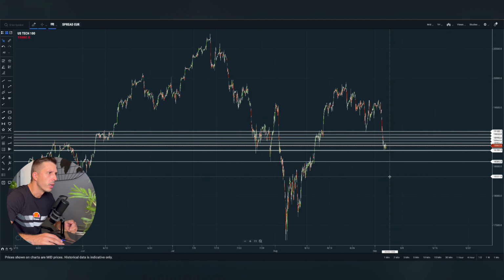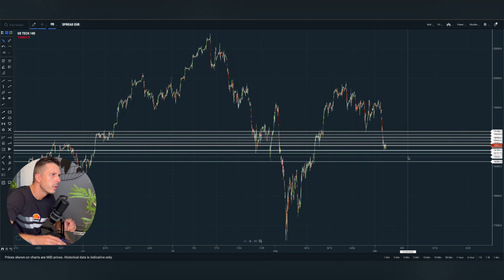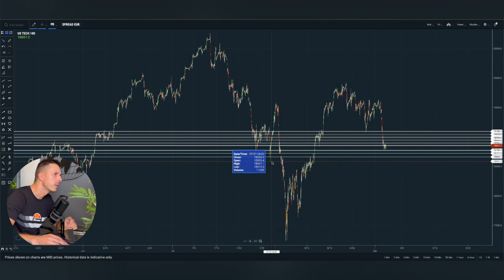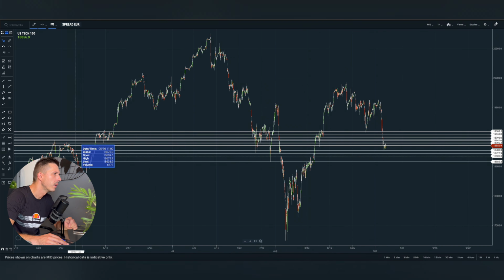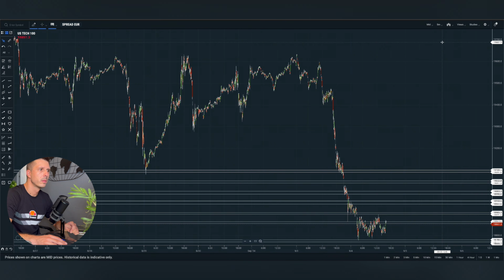Okay, and let's check what else do we have here. Right below 770 we have 730 right there, and 660 right here, and right here, this top. Okay, so let's go back to the 5-minute chart.